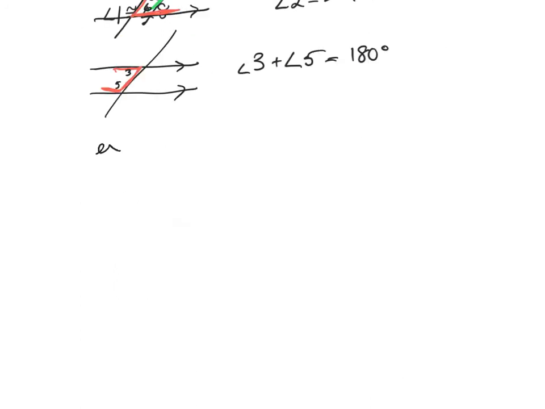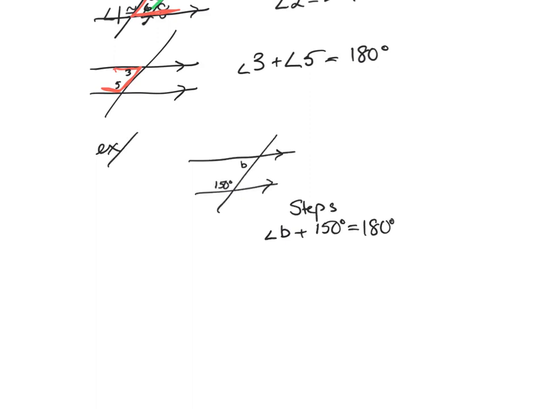So then if we do an example, if I had my parallel lines and my transversal, and I knew that this was 150 degrees, and remember, things aren't always drawn to scale, and I was looking for B, I could say in my steps that angle B plus 150 degrees equals 180 degrees.